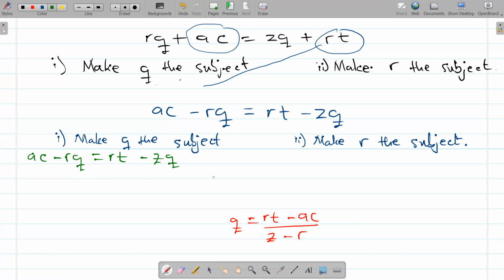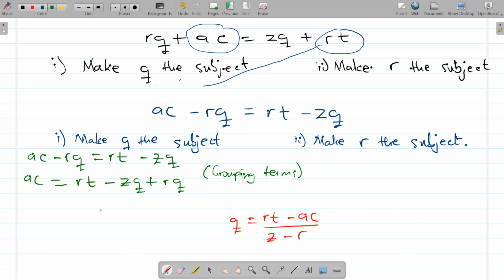So I'm grouping the terms. If I want to group, my AC will still be there. But this minus RQ is moving, so I'll bring my equal to. So my RT comes minus ZQ. Now this minus RQ moves, so if it moves, it becomes plus RQ.